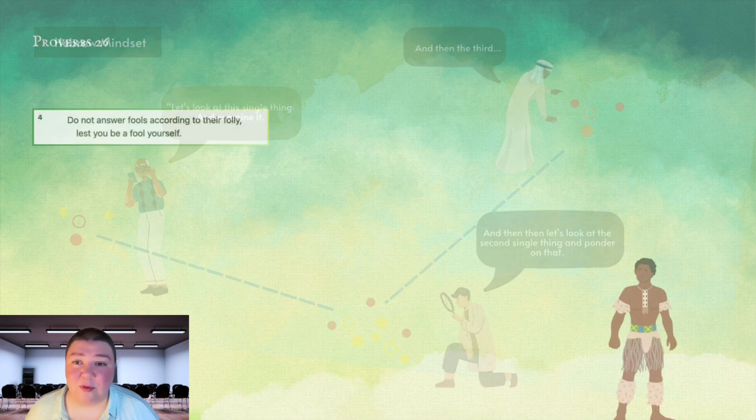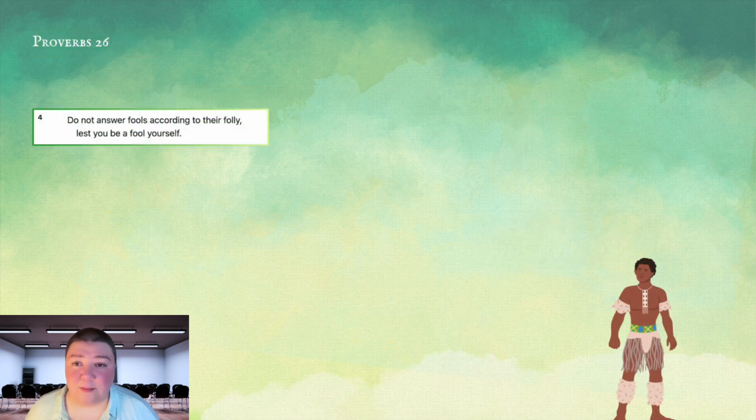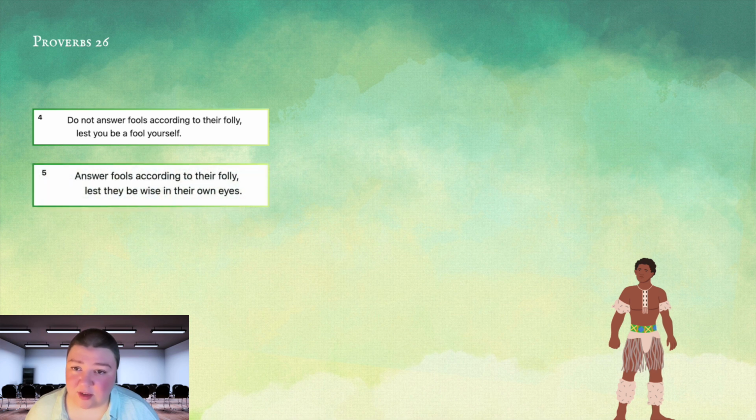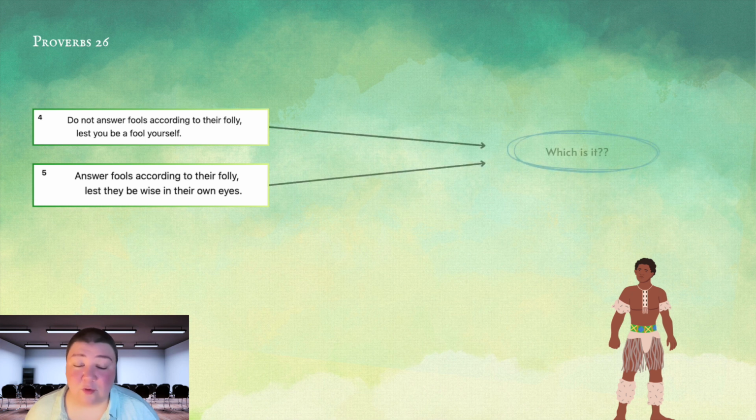An example, Proverbs 26:4. Do not answer fools according to their folly, lest you be a fool yourself. And the very next verse, answer fools according to their folly, lest they be wise in their own eyes. First line, don't answer fools. Second line, answer fools. Well, which is it? Do you answer or do you not?